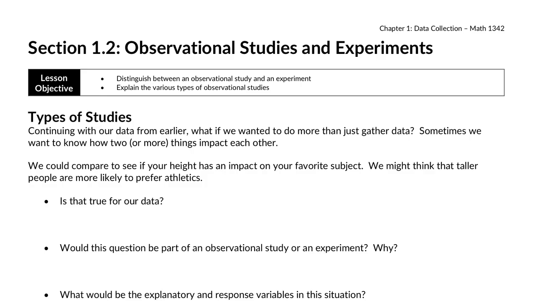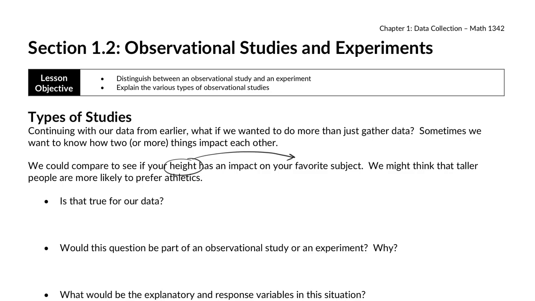Okay, so the tallest person in our class picked culinary, and somebody who's an inch shorter is the one who picked athletics. So can we draw a conclusion that height would have an effect on our favorite subject? Maybe, but not really, right? So does height impact our favorite subject? It's not necessarily true for our data, because if that was true, we would think the tallest person would have picked athletics, and maybe the top four tallest people would have picked athletics.